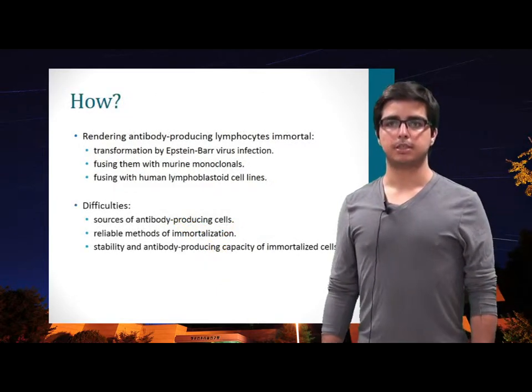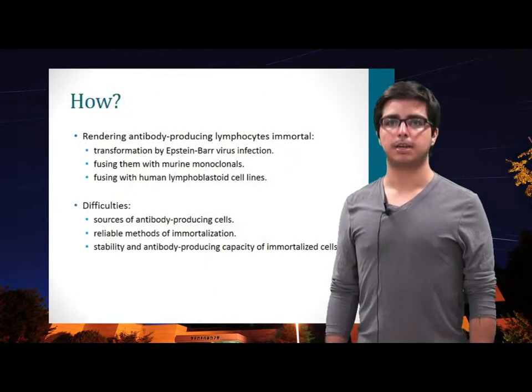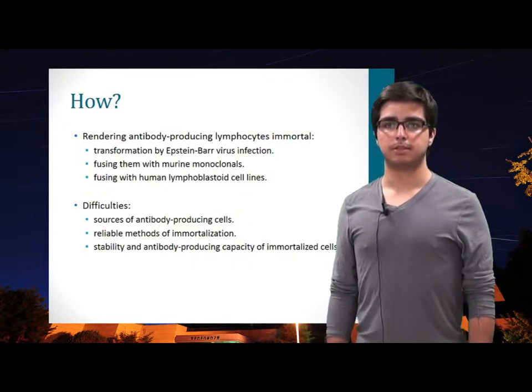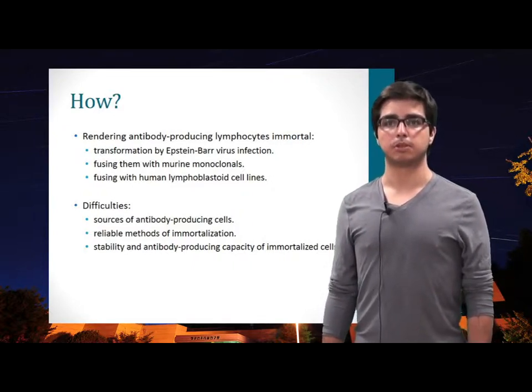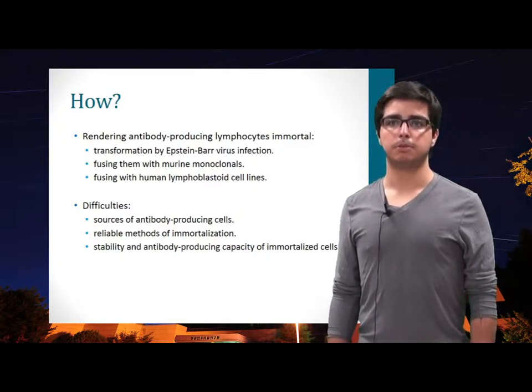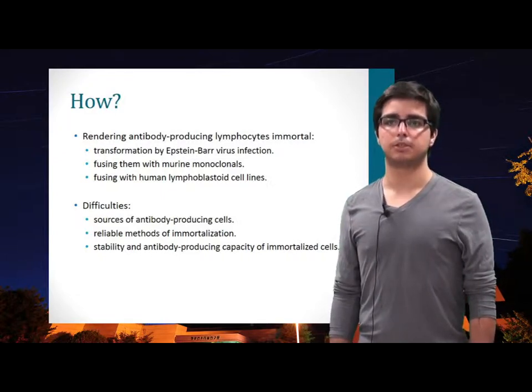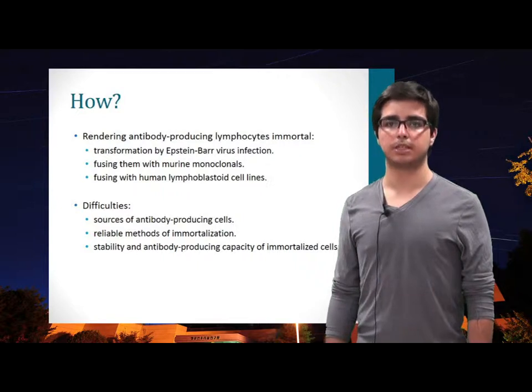How can we do this? Is by making antibody-producing human lymphocytes immortal. This can either be achieved by Epstein-Barr virus infection, by fusing them with murine monoclonals, or by fusing with human lymphoblastoid cell lines.